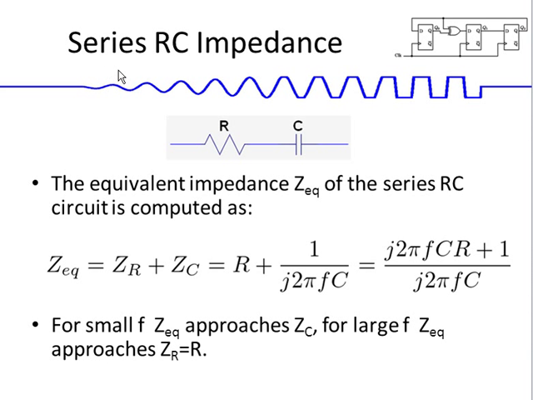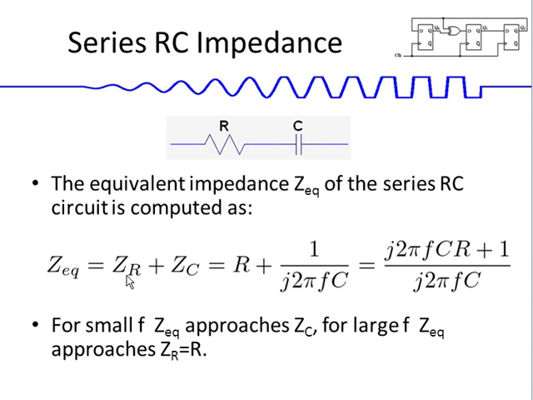With this idea of impedance, we can now make more general expressions for resistance, in quotes, like the series combination of a resistor and a capacitor. And we can compute the equivalent impedance of that series RC circuit. So Z_EQ is equal to the impedance of the resistor plus the impedance of the capacitor, because they are in series and they have the same current.